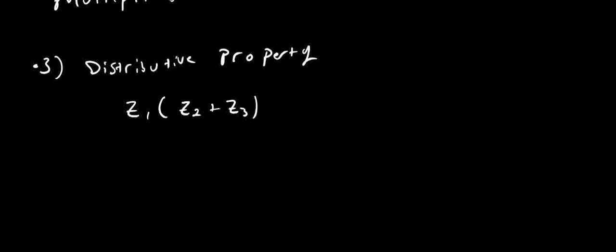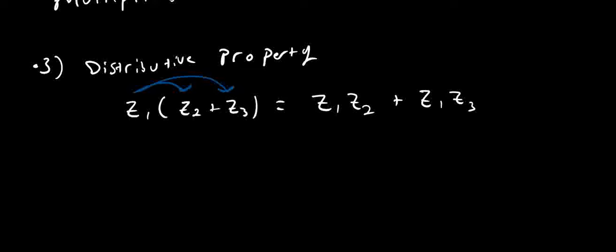We have to distribute z1 to each of the terms inside. And we get this being equal to z1 times z2 plus z1 times z3.